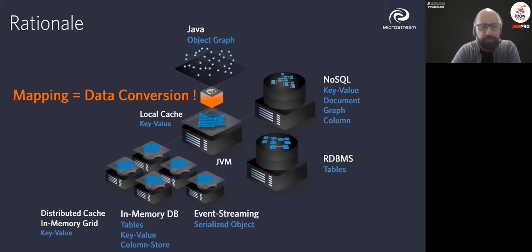Every storage technology out there has a different schema. You have the old relational databases, which have tables, or the new NoSQL generation of databases, which have key value, document, graph, column store, stuff like that. Everything is not compatible with the Java object graph.